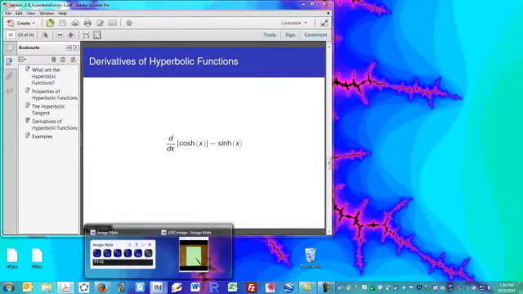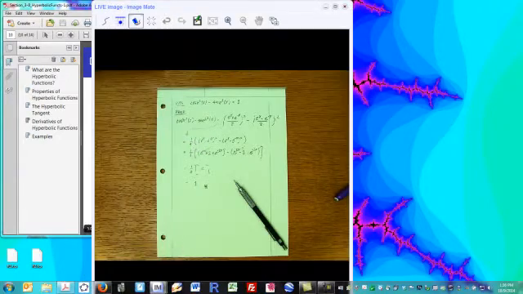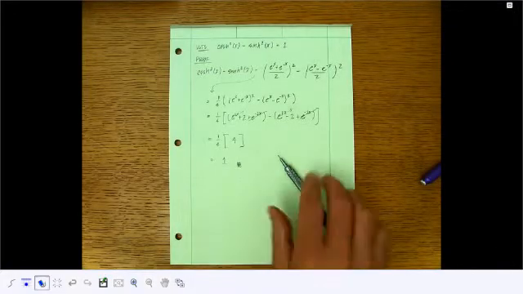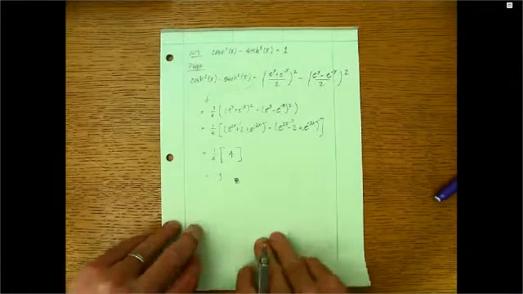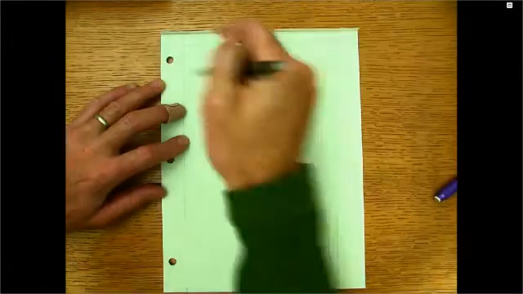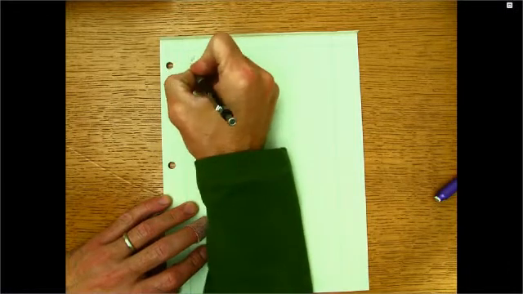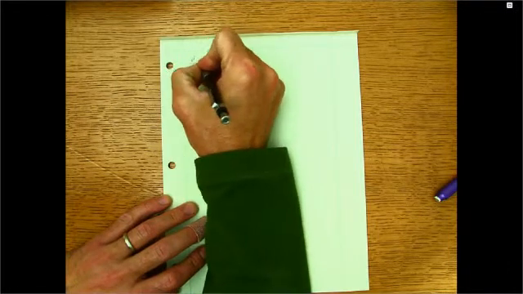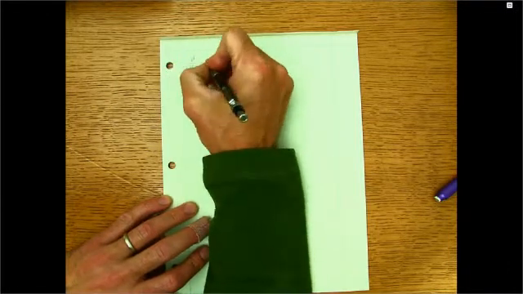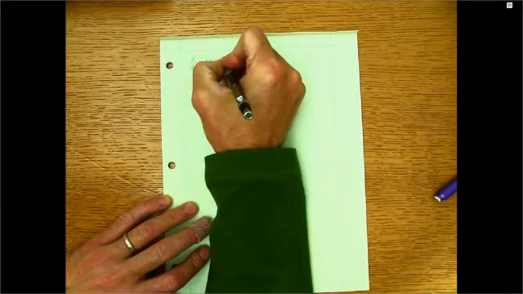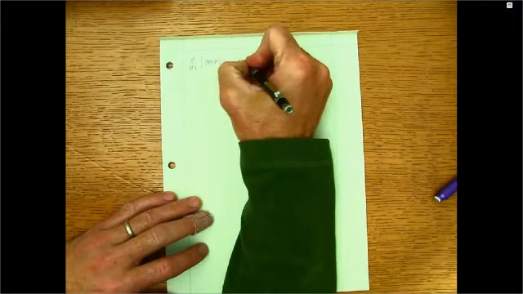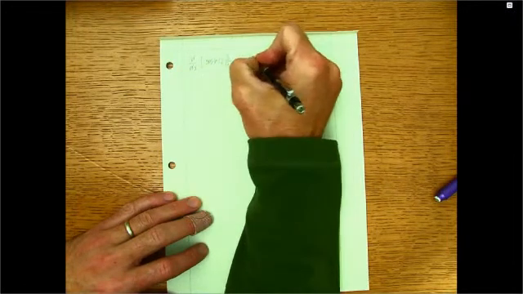So I'll go ahead and look at the derivative of the hyperbolic cosine of x. What we'd like to prove is that the derivative of the hyperbolic cosine of x is equal to the hyperbolic sine of x.